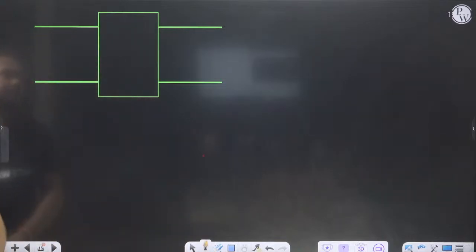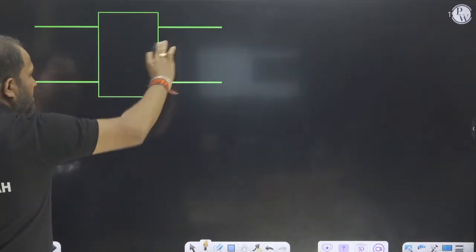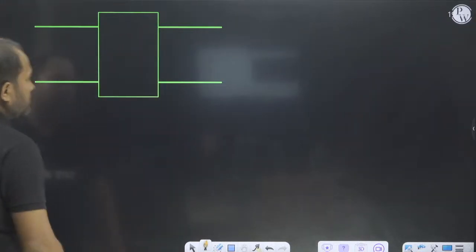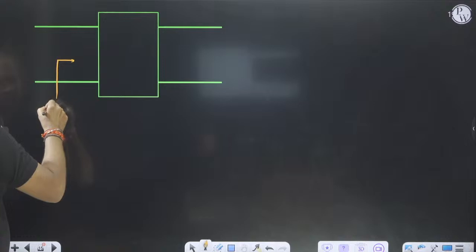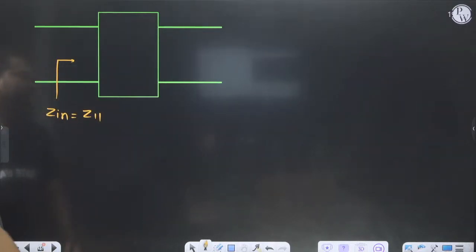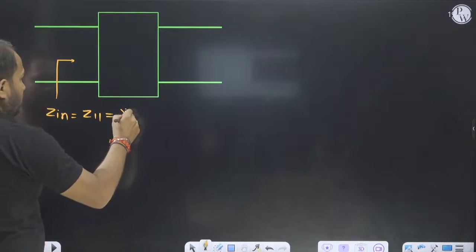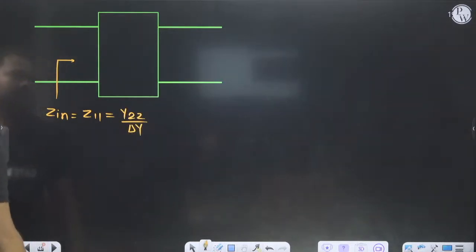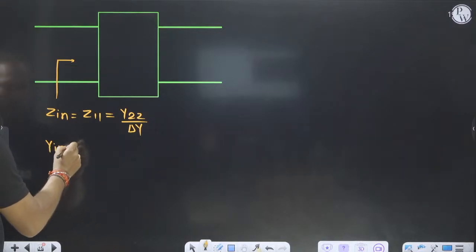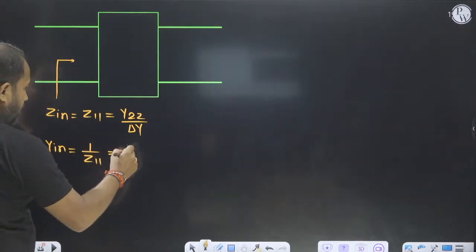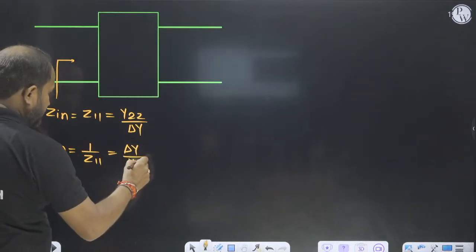Okay, so what will happen if nothing is given here? First of all, what we will get? Zin is equal to Z11, or in terms of Y, Y22 divided by delta Y. In case of Yin, it will be 1 by Z11 or delta Y upon Y22.